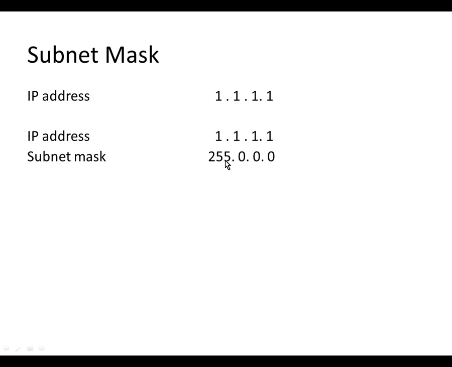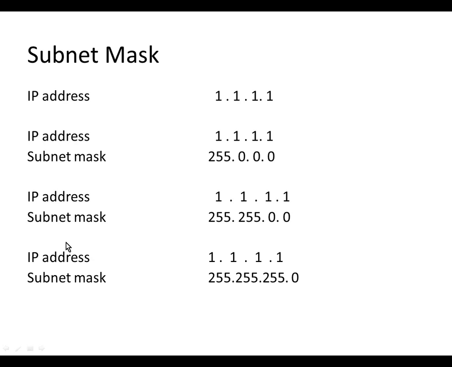This is what we would call a Class A subnet mask. If there's a 255 under the octet, that means it's network ID. So in this example, this is network 1, workstation 1.1.1. Now, in the next example, with the subnet mask of 255.255.0.0, that indicates that it's network 1.1, workstation 1.1.